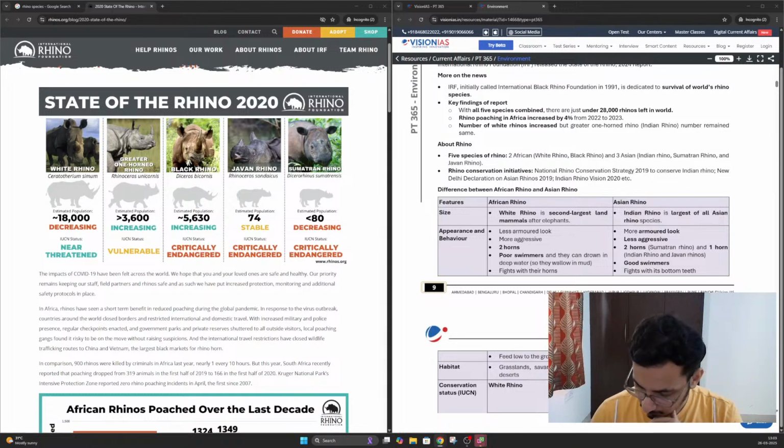China. A lot of poaching takes place for these horns, which are a part of Chinese medicine.